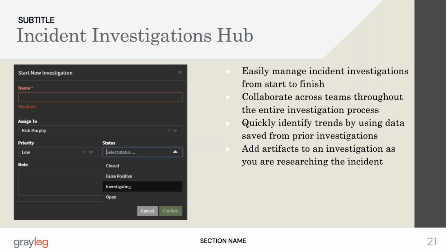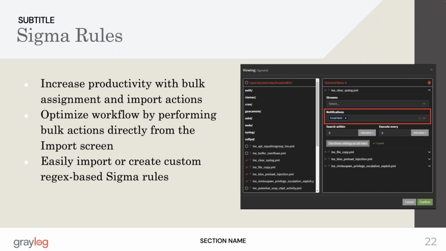So we have an incident investigation hub, so you can raise an incident from those events, and then you have those operations for workflow and assignment. So pretty common, but also reported. Well, one of the most interesting and important things is Sigma rules. As I said, it's open source, available for everyone.